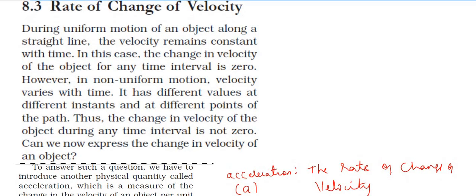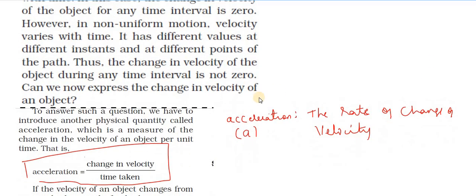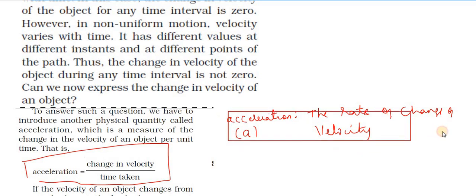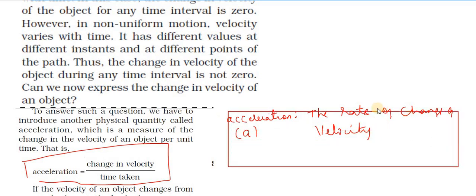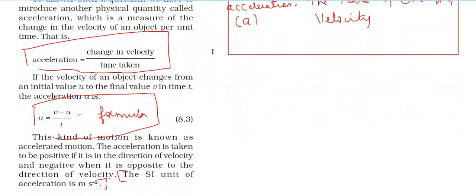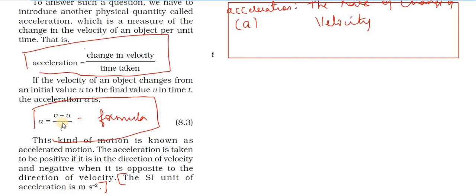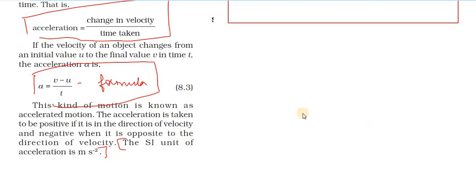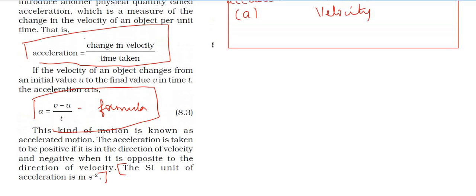Next, write what you mean by rate of change of velocity. Acceleration is nothing but rate of change of velocity. So a is equal to v minus u by t is the formula. The SI unit of acceleration is meter per second square. I hope all of you understood this.